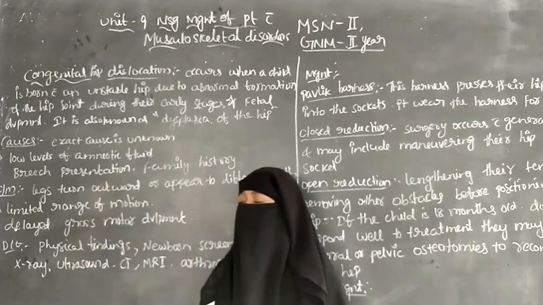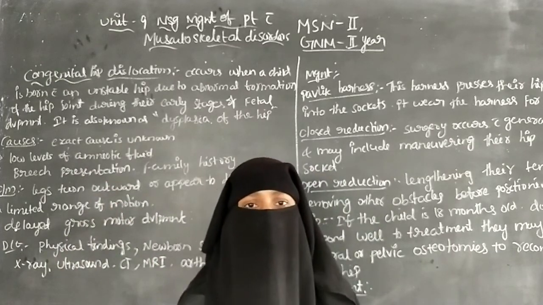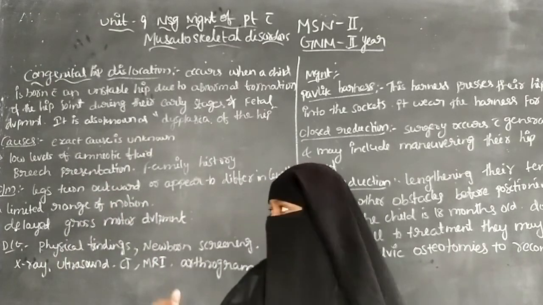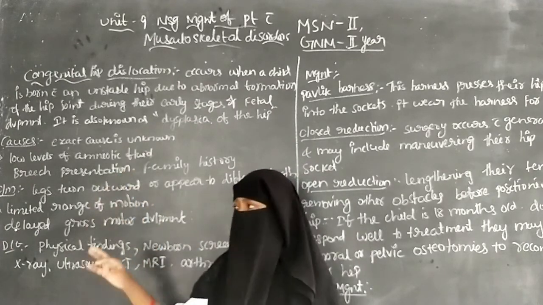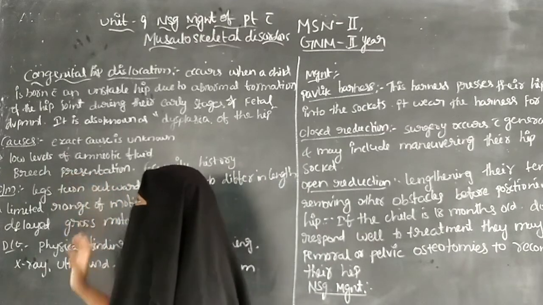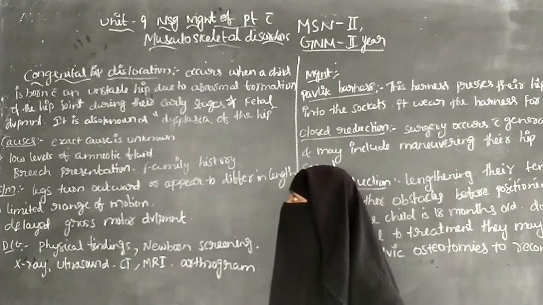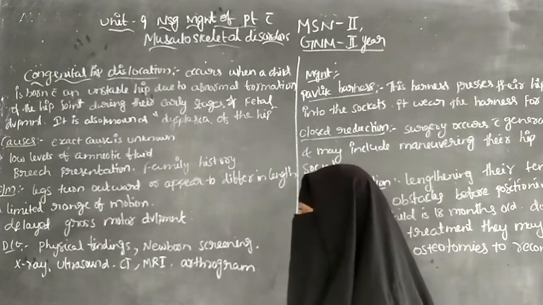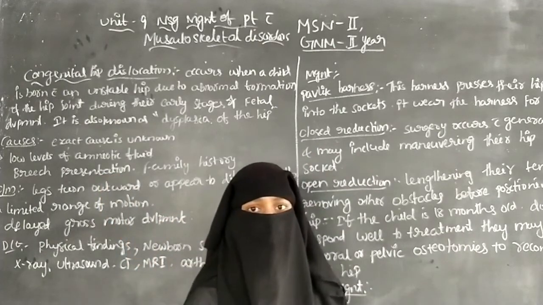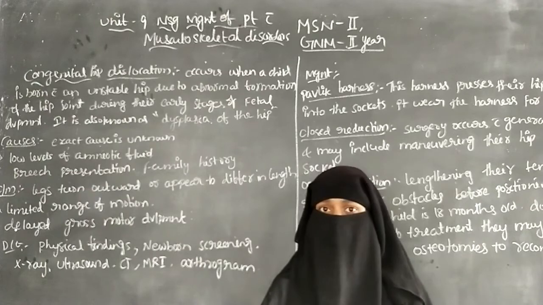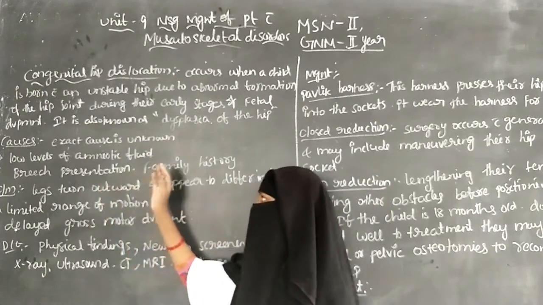In breech presentation, the foot and the buttocks are present at the pelvic region instead of the head. So it becomes a breech presentation. Because of this breech presentation, it also causes congenital hip dislocation.